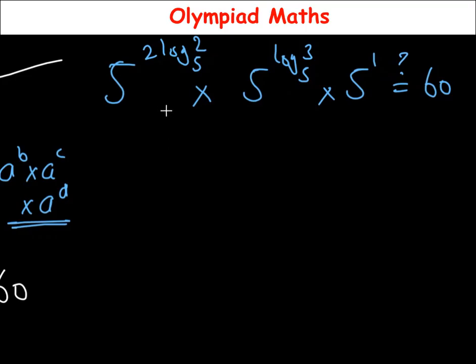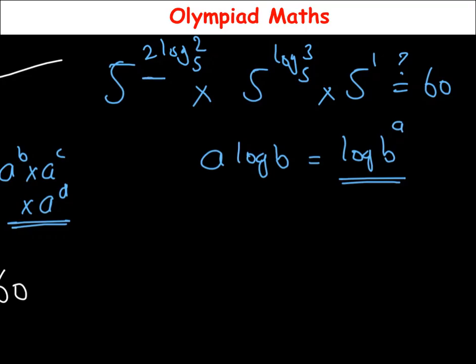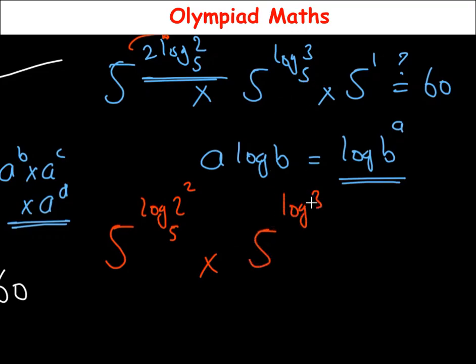Now from here, we can apply this principle that if you have a times log b, this is equal to log b raised to power a. The a comes on top to become the power of b. So applying this to this power right here, the power 2 goes up, it becomes log 2 squared, then base 5, times 5 raised to power logarithm of 3 base 5, then times 5 raised to power 1.